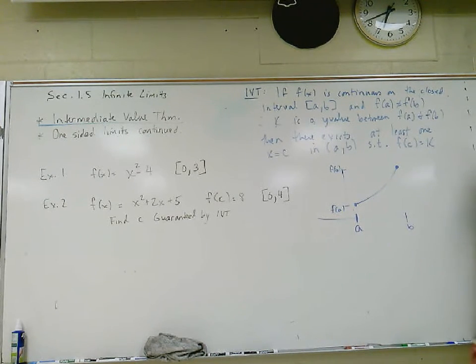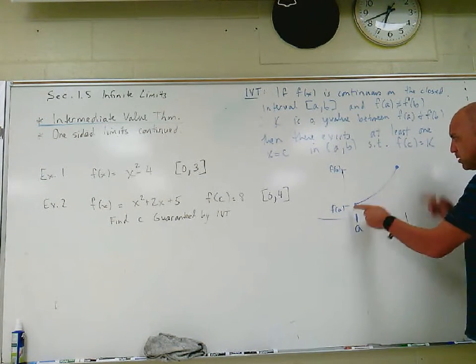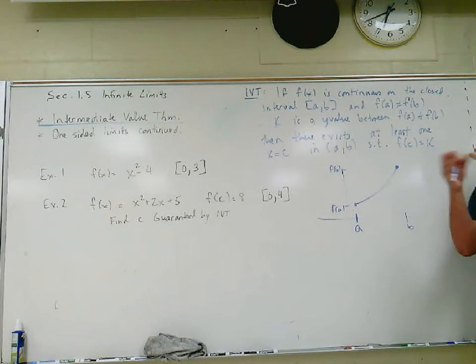So again, here's what it's saying. If we're continuous from here to here, continuous means there are no what? Breaks, gaps. Then there has to be a point in between these two points where you're getting the intermediate value.